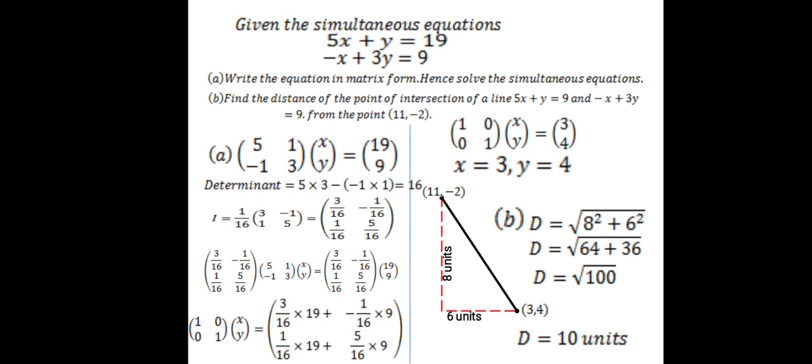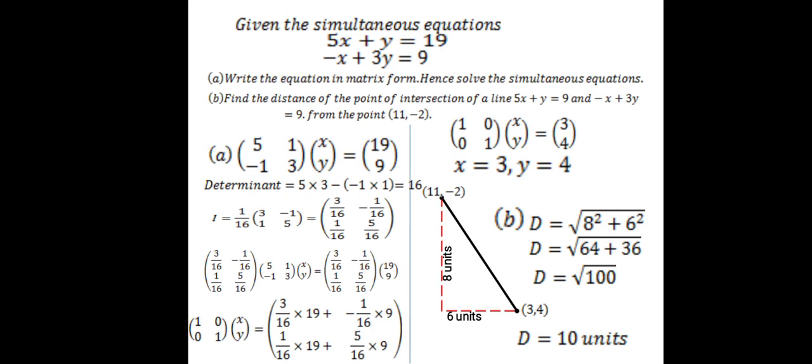Part B, find the distance of the point of intersection of line 5x plus y is equals to 19 and negative x plus 3y is equals to 9 from point 11 and negative 2. I've sketched a diagram to show the points.